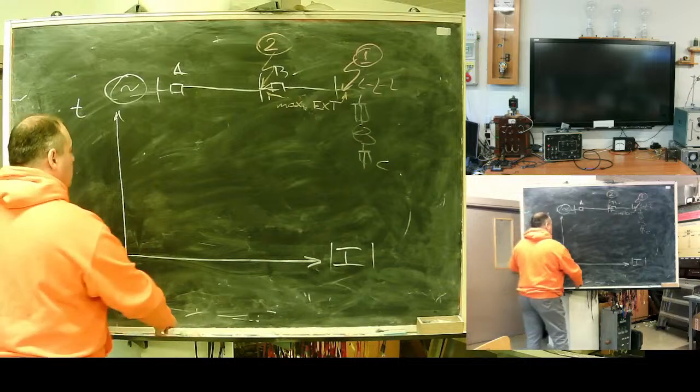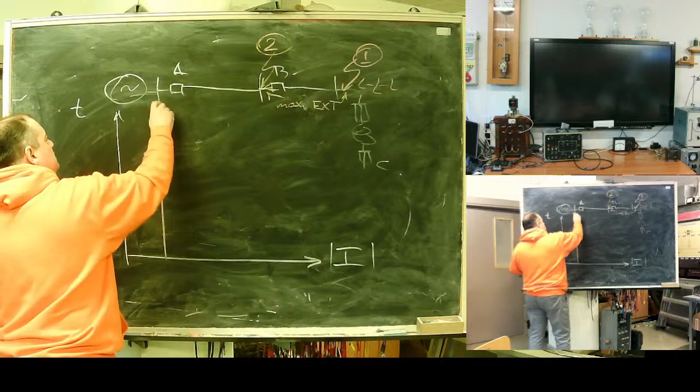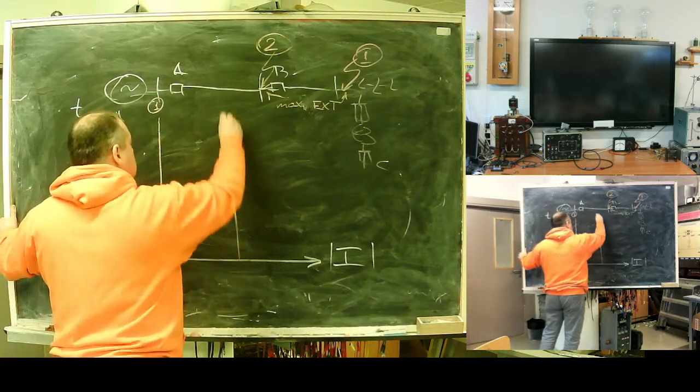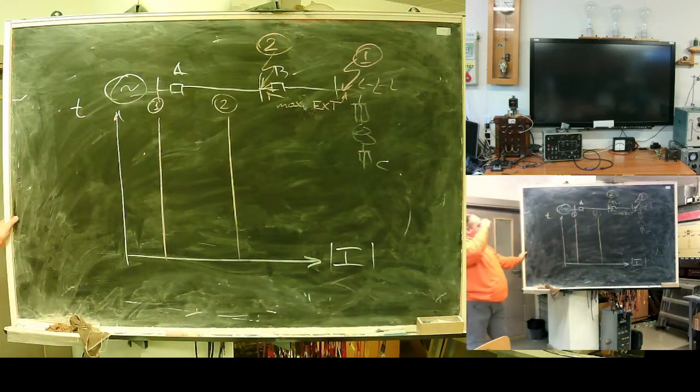Show them on your chart as vertical lines. This is 1. This is, for example, 2. Max external currents.